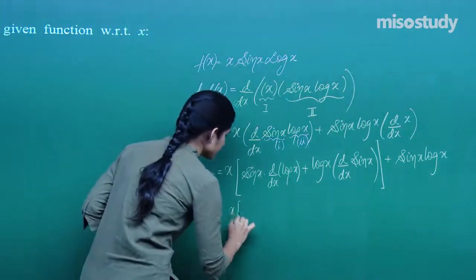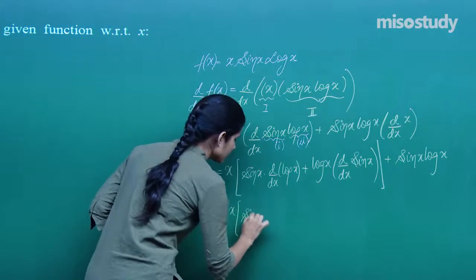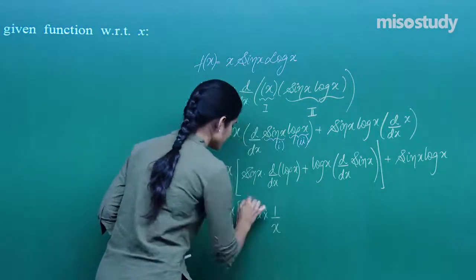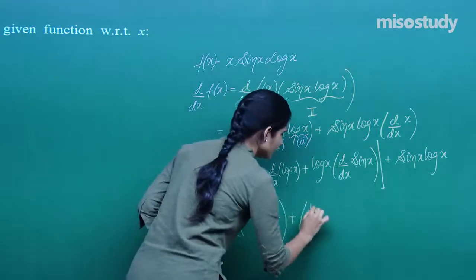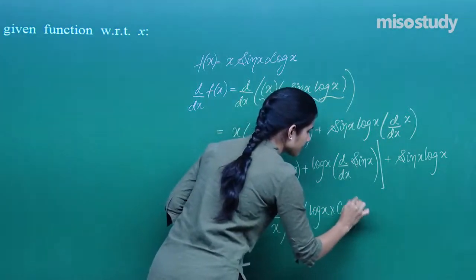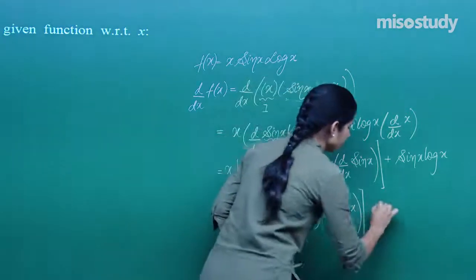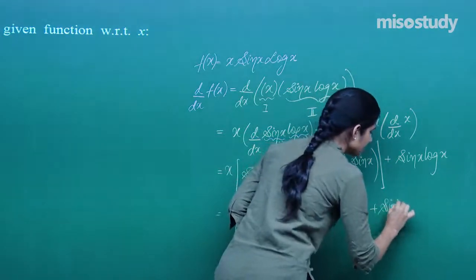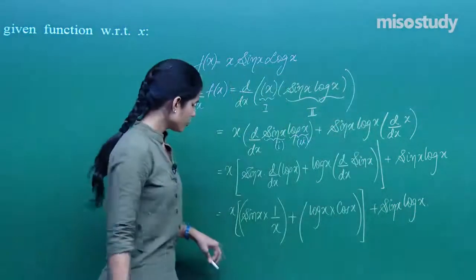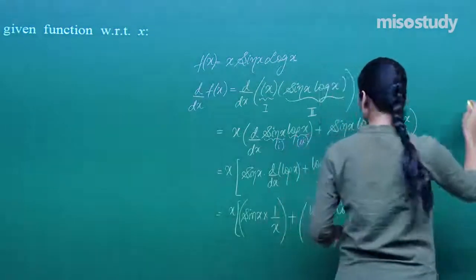This is x sin x into d by dx of log x is 1 by x plus log x d by dx of sin x is cos x plus sin x log x. Just open the bracket up, everything we have resolved.